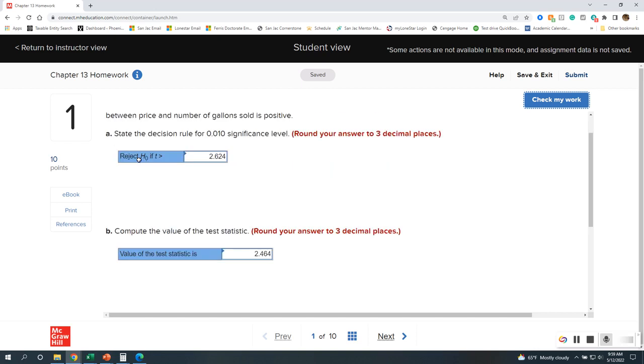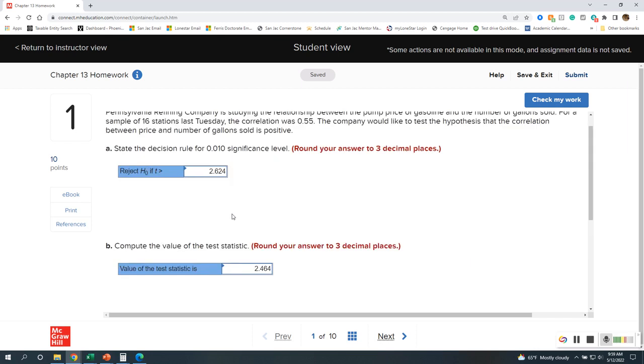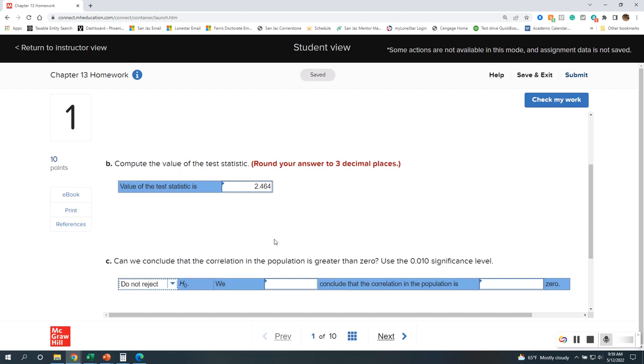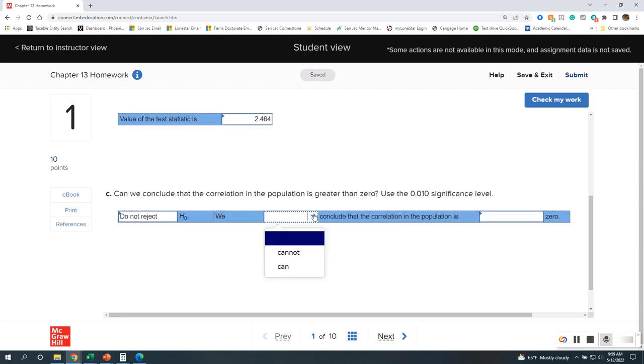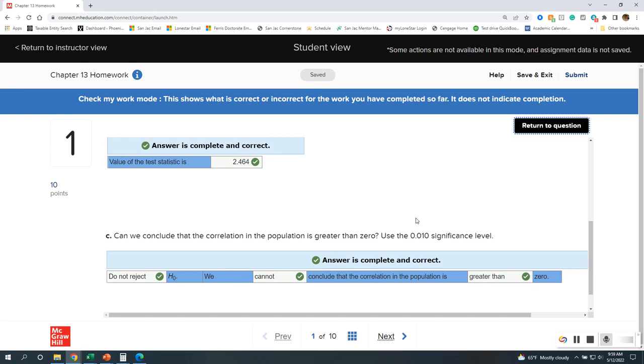Now remember, we're going to reject if it's greater than 2.624. It is very close for me, but is less. So I cannot reject. So do not reject the null. You may have something different. Remember, if this is greater than this number up here, you would reject. So, we cannot conclude that the correlation in the population should be greater than 0.